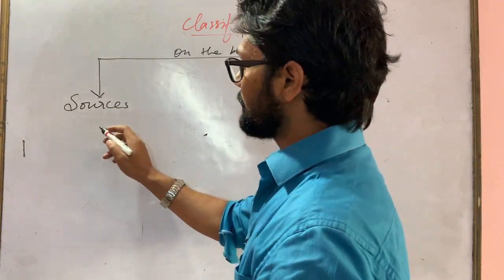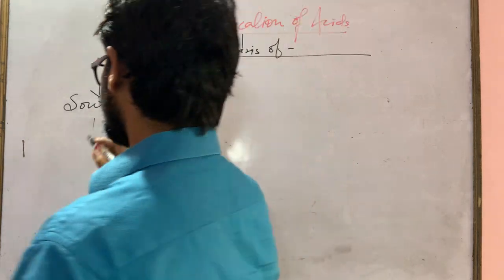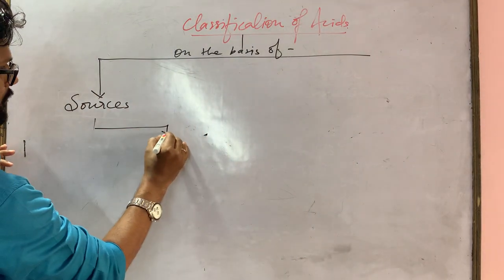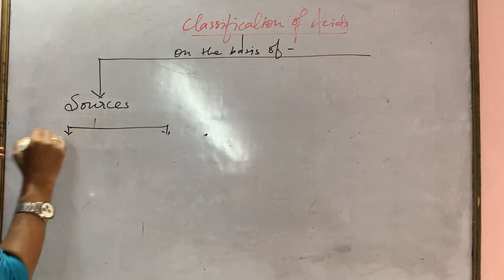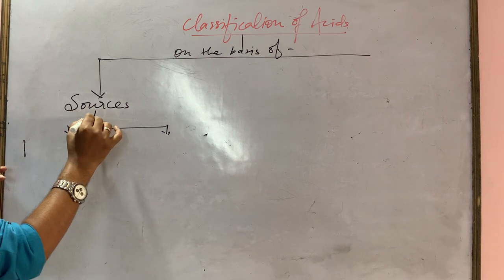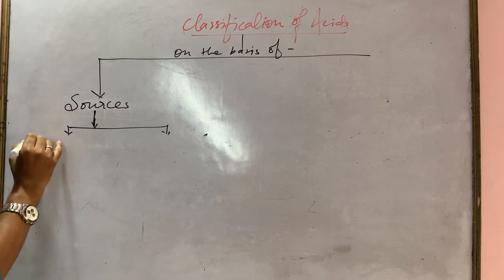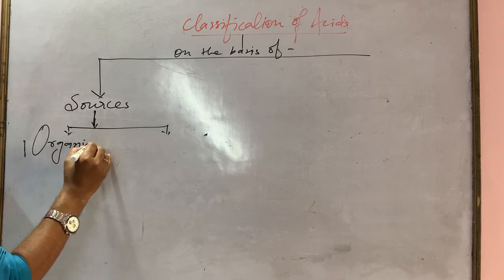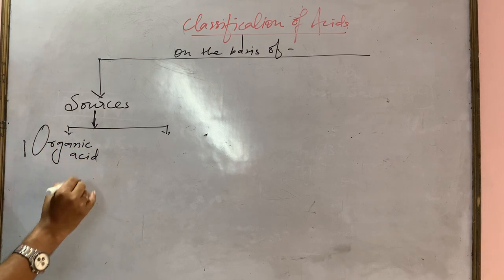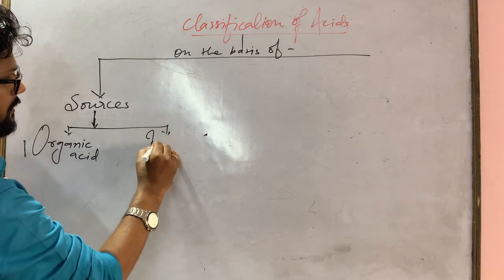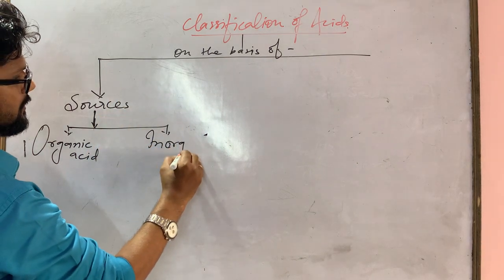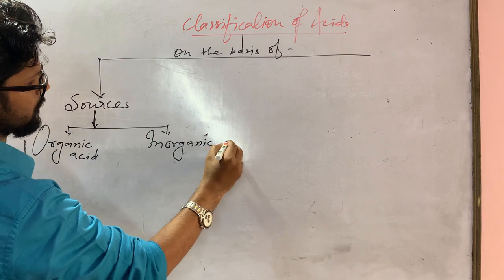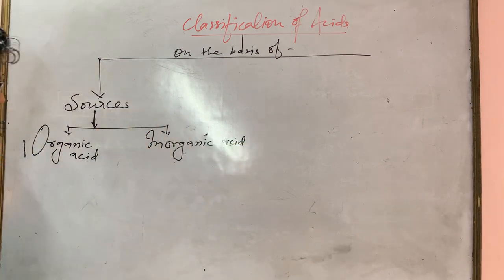It occurs from two sources. According to sources, it is classified into two. That is called organic acid, and another is inorganic acid. Right?